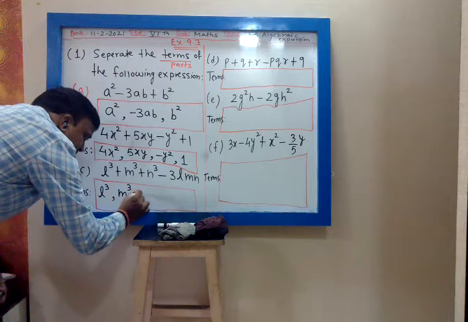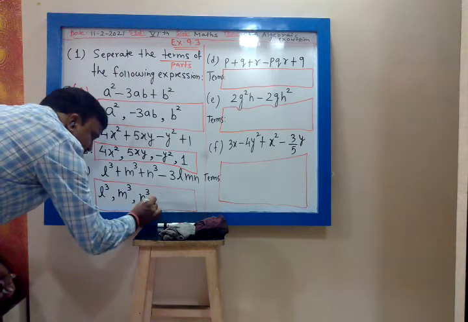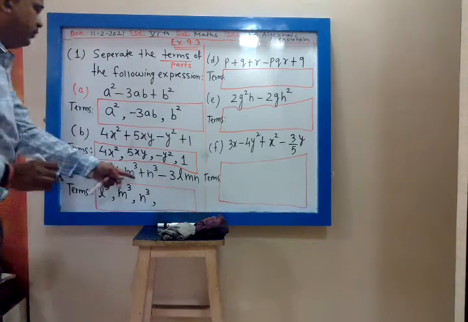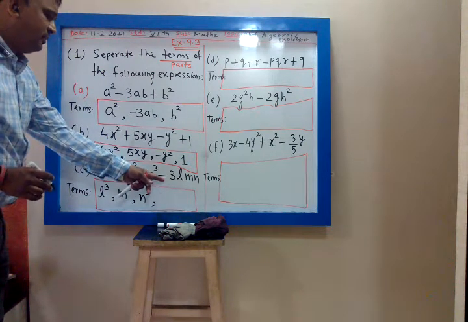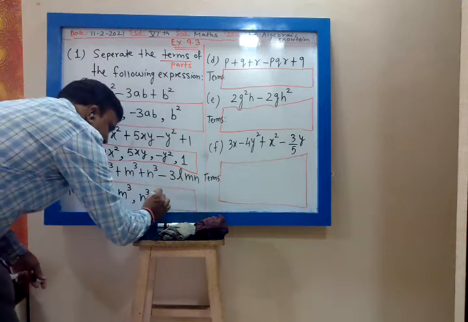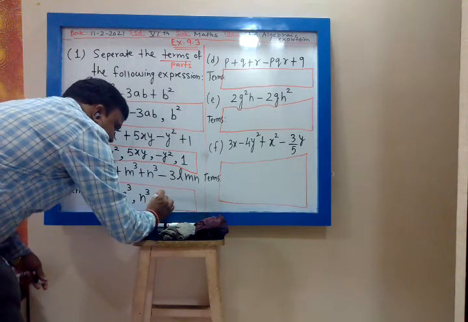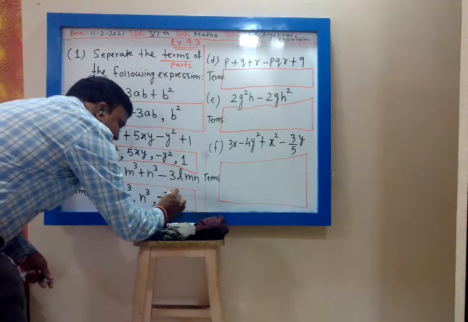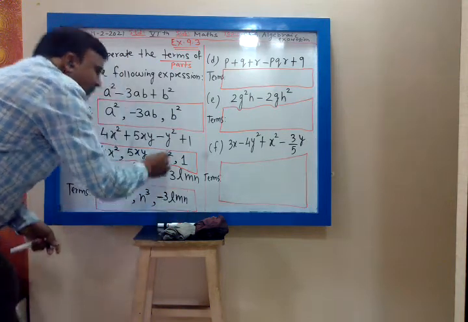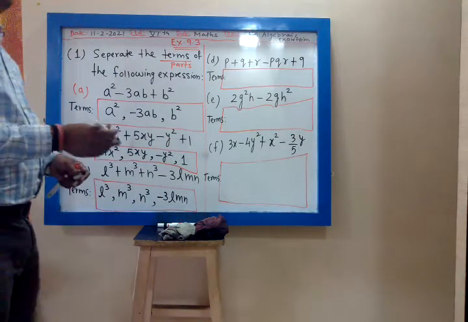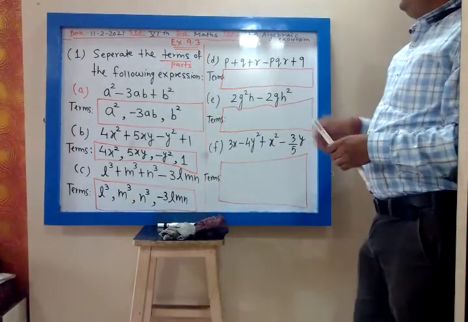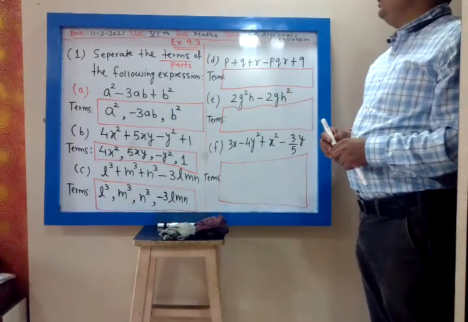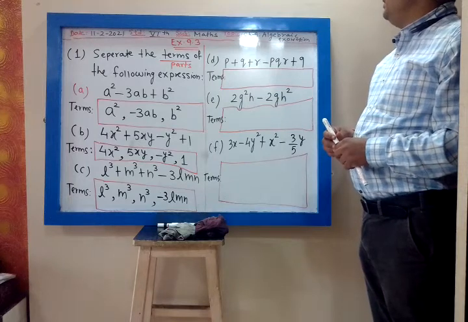Then comma n power 3. Then what will be the fourth part? Minus 3lmn. That is one term. Whenever there is multiplication, that is one part. Minus 3lmn.